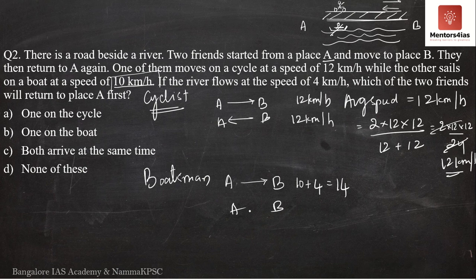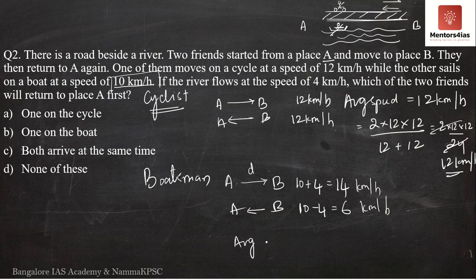However, from B to A will be upstream. Then what will his upstream speed be? It will be 10 minus 4, which is equal to 6 kilometers per hour. Distance remains the same. The distance for the onward and returning journey remains the same.